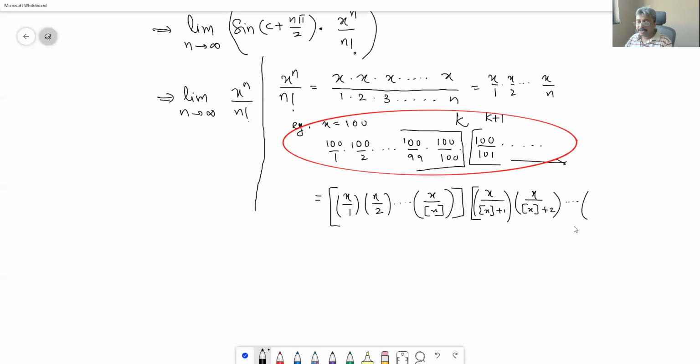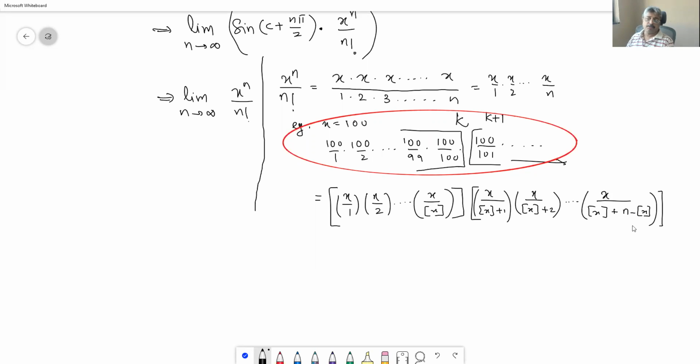What will be the last bracket? x upon n. What should I write in the denominator in the end? n minus greatest integer x, because we want x upon n in the end.